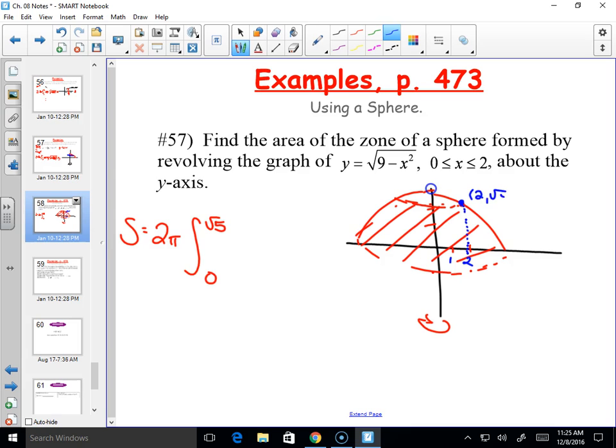So it's from 0 to 2, so it's just the top section. 0 to root 5, because I have to do dy, right? But the shaded part should be the top, because at x equals 0, y should equal 3. Oh, I see. Sorry, I wasn't realizing what you were saying.